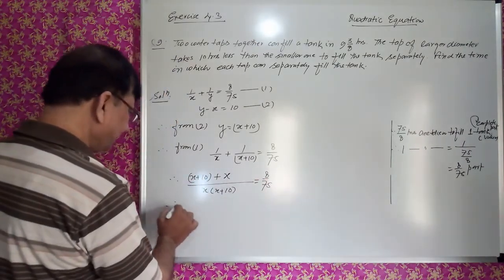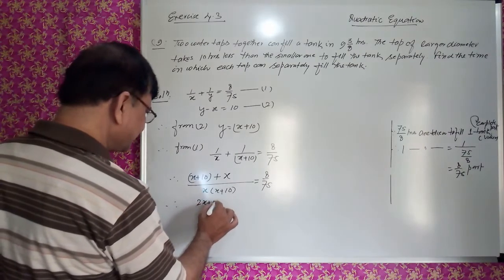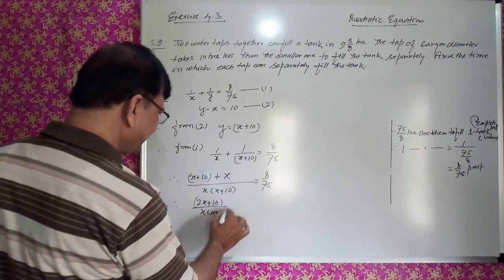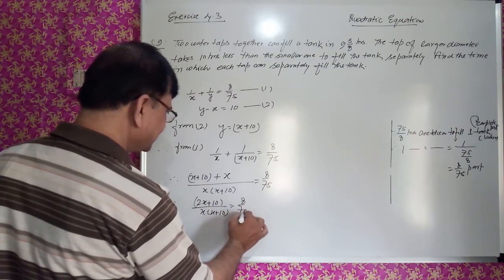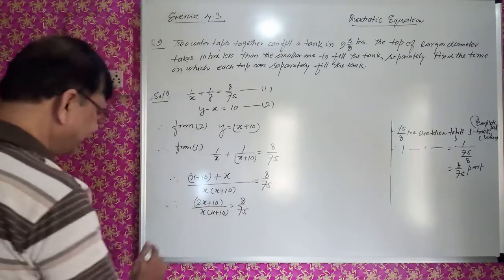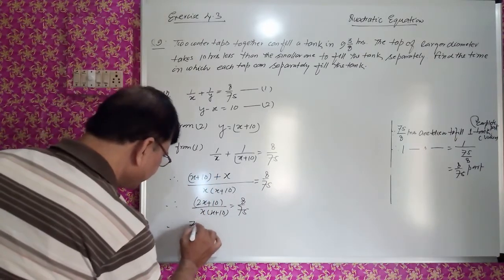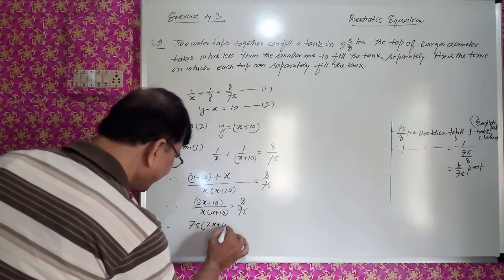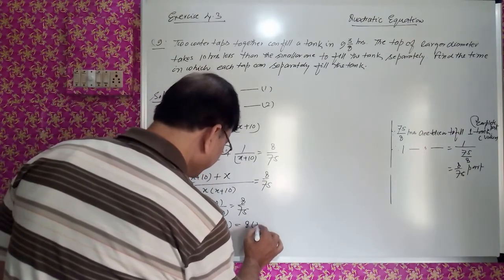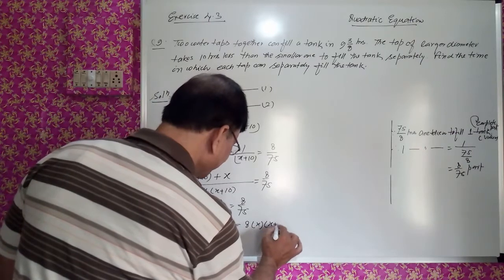Further simplification: 2x plus 10 upon x into x plus 10 is equal to 8 upon 75. By cross multiplication, 75 into 2x plus 10 is equal to 8x into x plus 10.